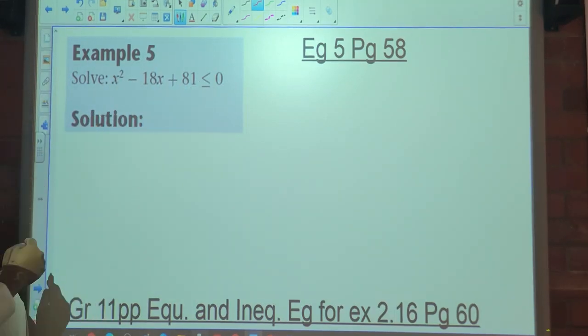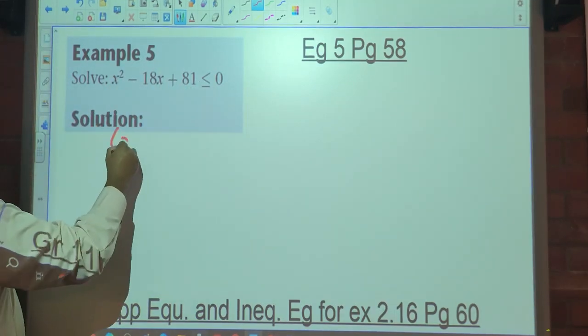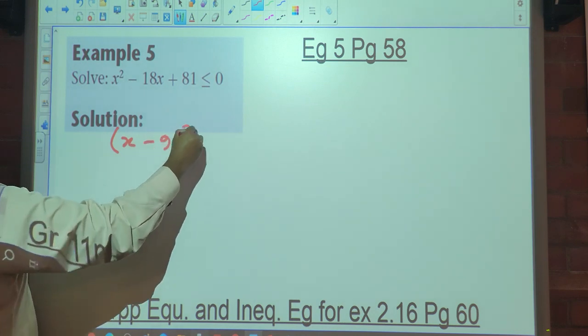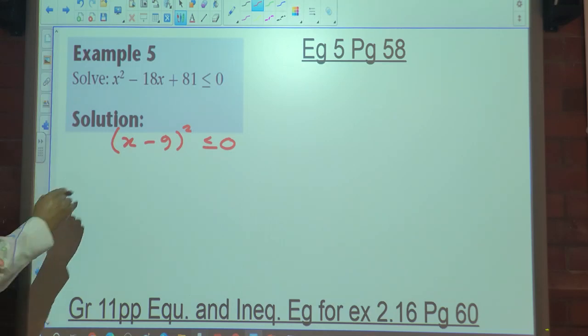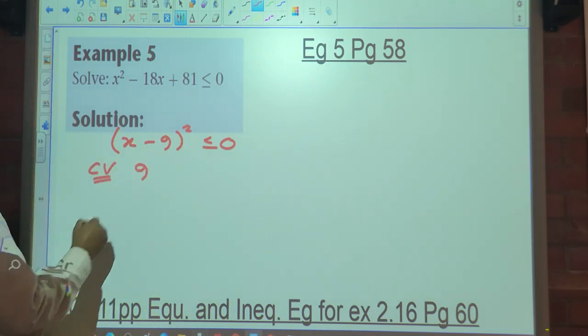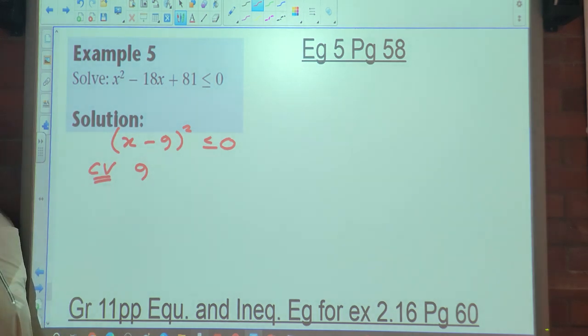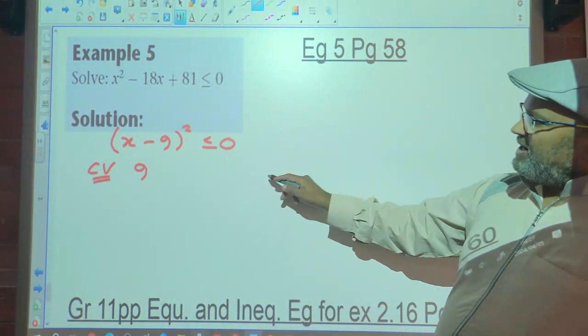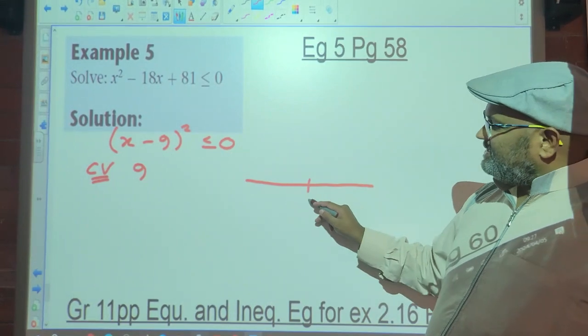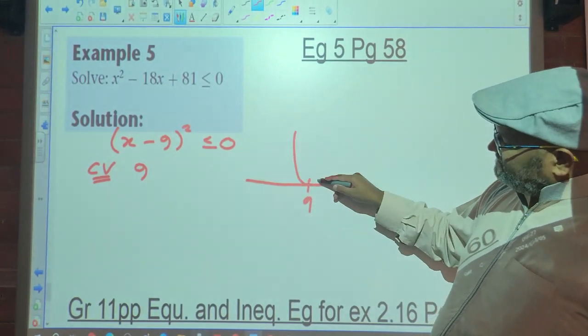This is a perfect square trinomial. So that actually works out to be x minus 9 squared must be less than or equal to 0. What are my critical values here? Critical value of 9. There's only one solution. So what does that mean? So it's only going to cut the x-axis once. It's a 2-in-1 solution. Is this graph smiling or frowning? Smiling. Smiling at 9.